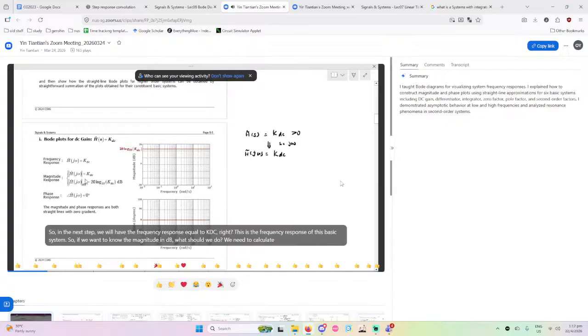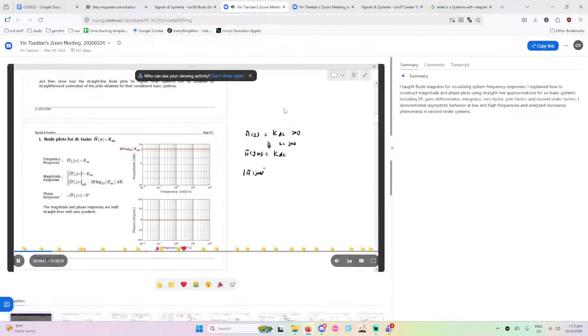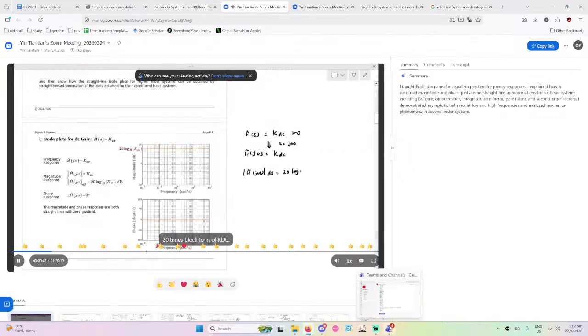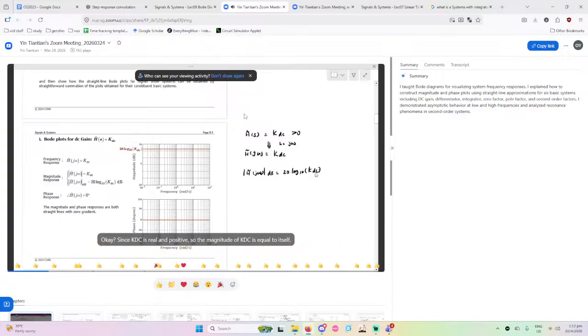If we want to know the magnitude in dB, what should we do? We need to calculate the magnitude of H(j omega) in dB, which is equal to 20 times log 10 of K_DC. Since K_DC is real and positive, the magnitude of K_DC is equal to itself.